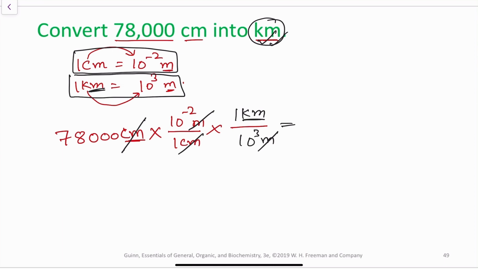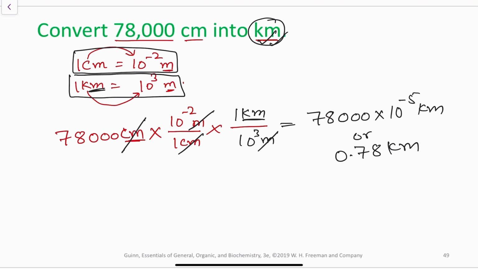So if you solve everything, you're gonna get 78,000 times 10 to the power negative 5 kilometer. You can write your answer like that, or you can convert it into 0.78 kilometer. Both answers are right.